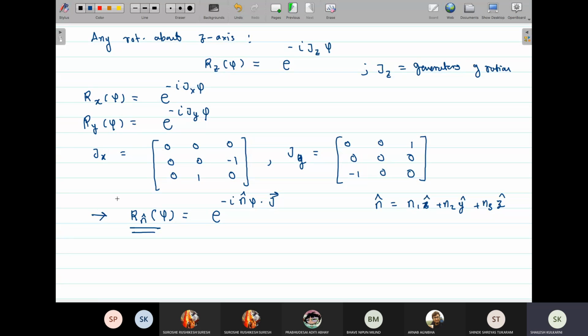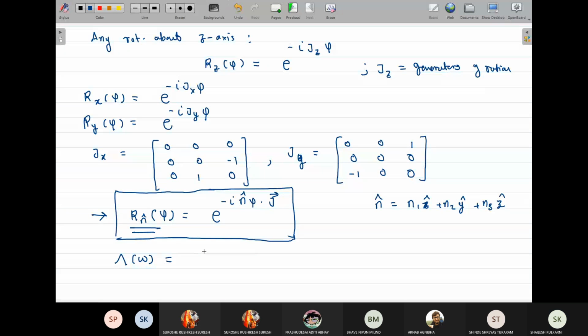This is the known thing from your quantum mechanics, or even classical mechanics. Now, similarly, I want to do the same analysis for Lorentz transformations. From the infinitesimal Lorentz transformation, how to generate the finite Lorentz transformation. So I want to write some Lorentz transformation for general omega in this form.